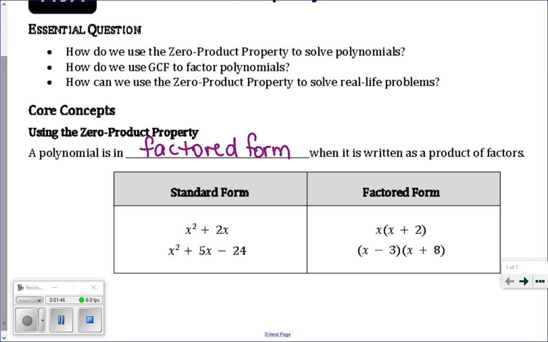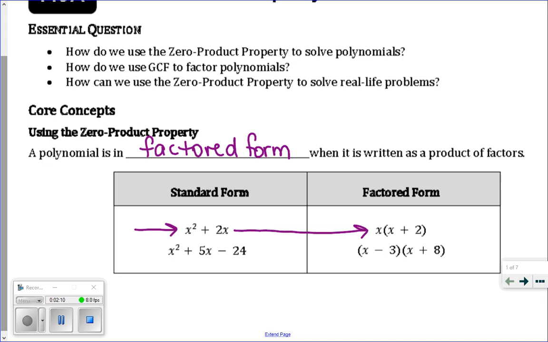We have a couple of examples here. For example, we have this polynomial right here, x squared plus 2x. That's in that cleaned up, nice standard form. And if we were to write that in that factored form, it would be this. That's the separated out version, where it's separated into two polynomial factors that, when multiplied, give you the other one.